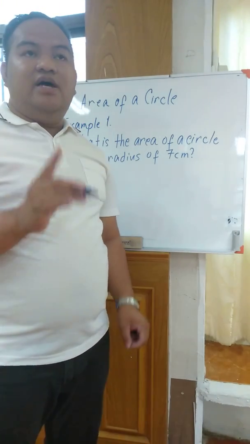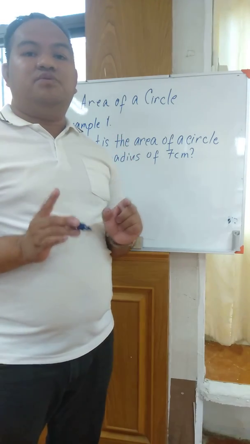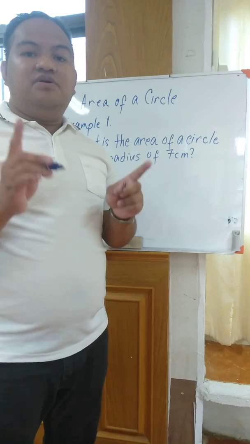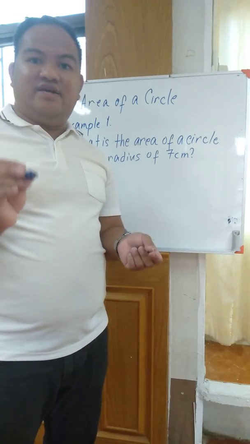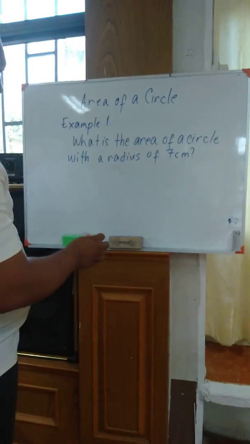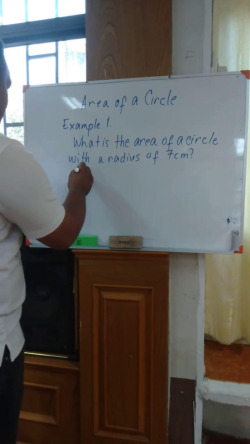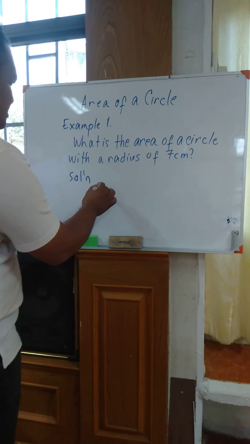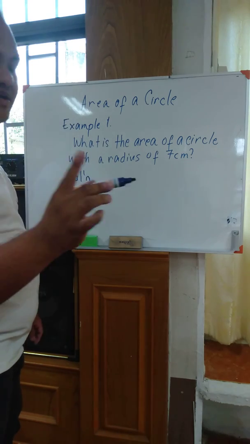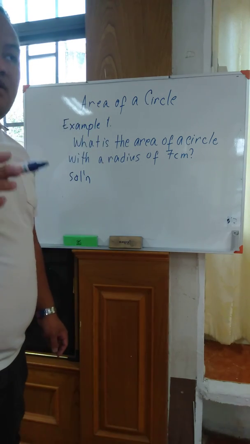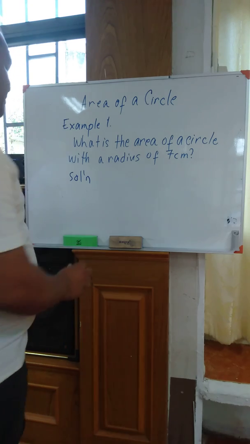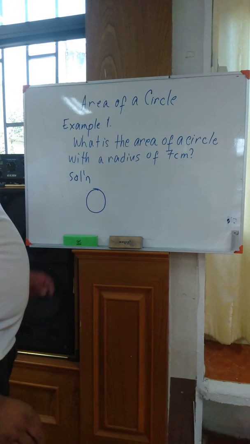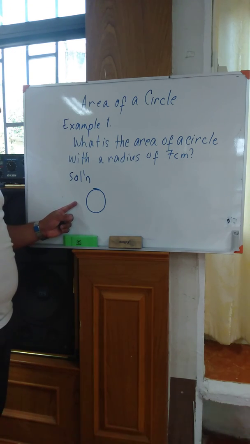Okay, first, in order for you to easily solve the area of a circle, you can draw a circle. Okay, so let's have the solution. Since we are asked to find the area of a circle and we know what a circle looks like, we can draw this shape, the round shape, which is a circle.